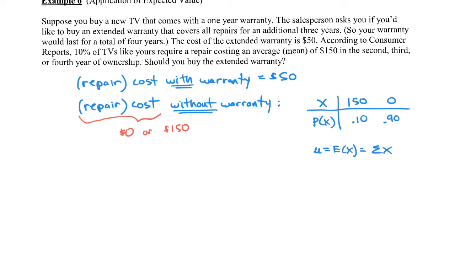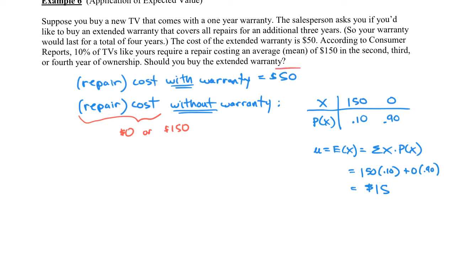Remember, the formula is just the sum of each outcome times its probability. So we basically just multiply these together. Now you can see this is just going to be 0. So when we figure this out, we get 150 times 0.10 plus 0 times 0.90, and that's just going to be $15.